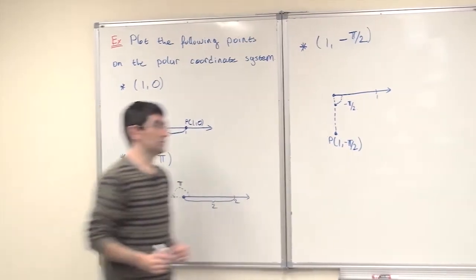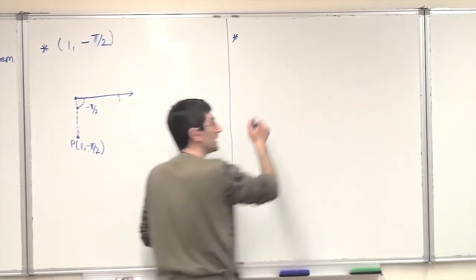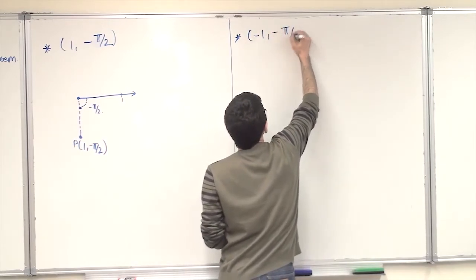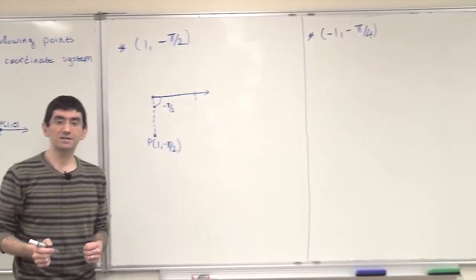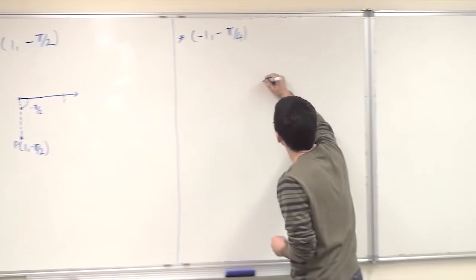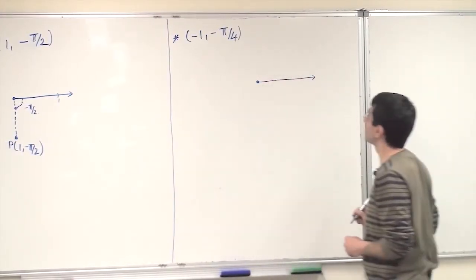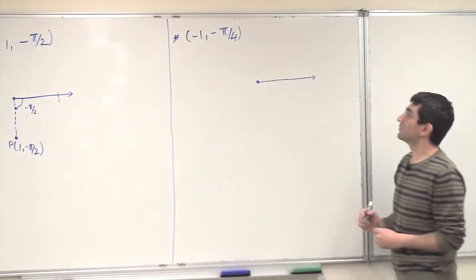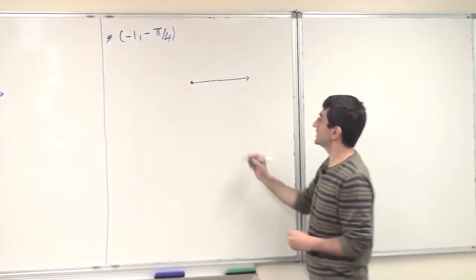Okay, so one last example, and we will sketch negative 1, negative pi over 4. This time, both our radius and angle are negative. So, let's take our polar coordinate system. Since the radius is negative, I'm going to measure this on the left side of the origin.